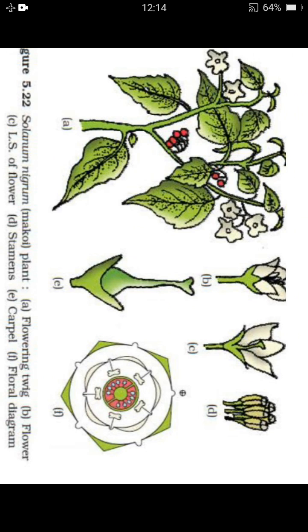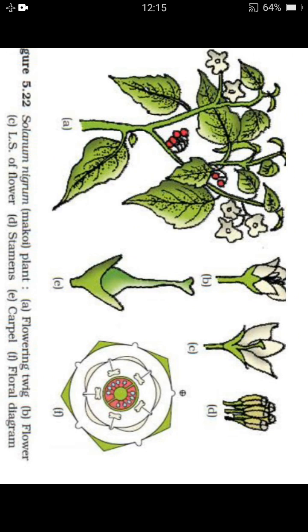Next, vegetative characters. Plants mostly herbs, shrubs, and rarely small trees. Understood? Next, stem characteristics. Herbaceous, rarely woody, and aerial, erect. Next, cylindrical, branched in many plants, solid in many plants.